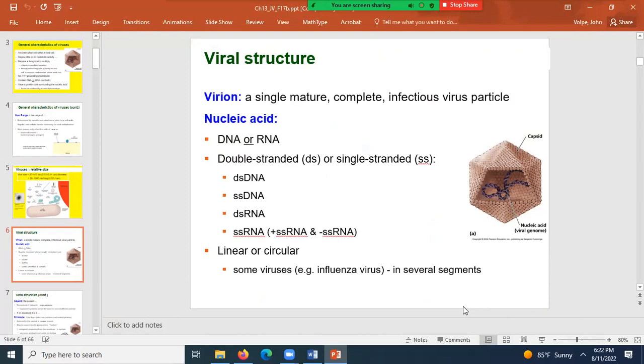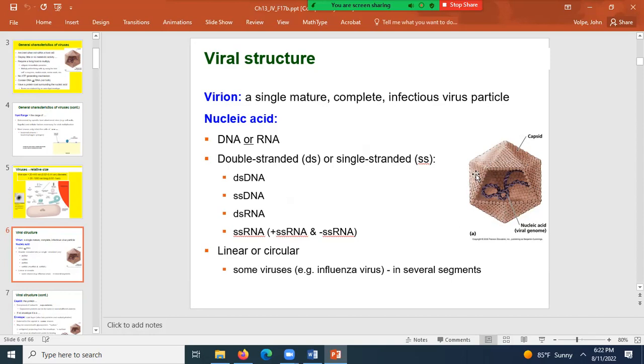When we're talking about viruses, it's important to talk about the viral structure. Viruses have different structures. They have a genome, which can be either DNA or RNA, and all viruses have a protein coat that we call the capsid.